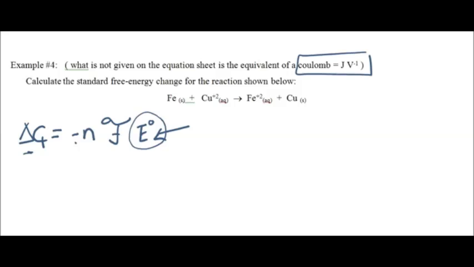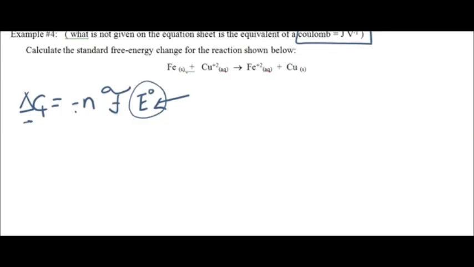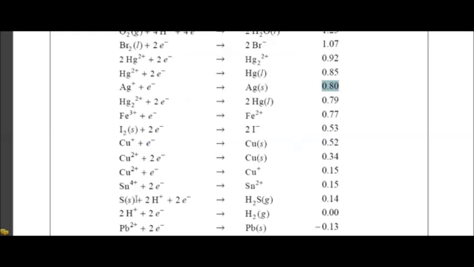All right, so let's take a look at our reaction here, and let's find out what our voltage is. So iron, which is a metal or a solid, changes into iron plus 2. So how does that take place? Well, that is an oxidation reaction. So let's find out what that value is. Iron plus 2.